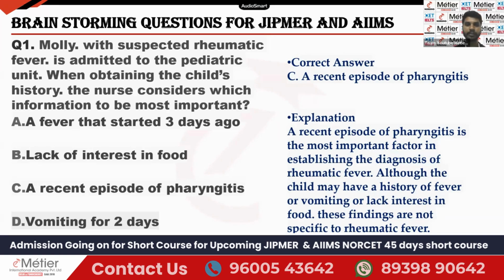Obviously, the child will have fever. When there is a fever, the lack of interest in food and vomiting will be there. These are less relevant to the scenario. So most relevant to the scenario is option C. A recent episode of pharyngitis is the accurate information to diagnose rheumatic fever. Clear? Yes. Next question.